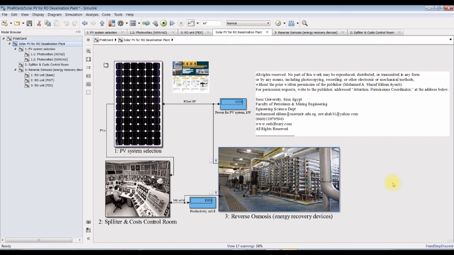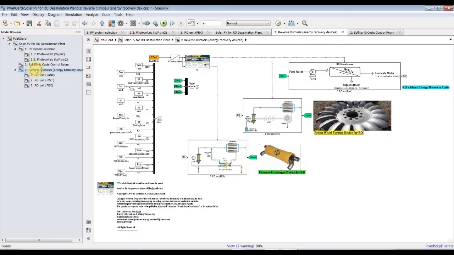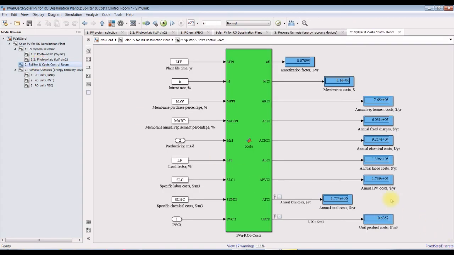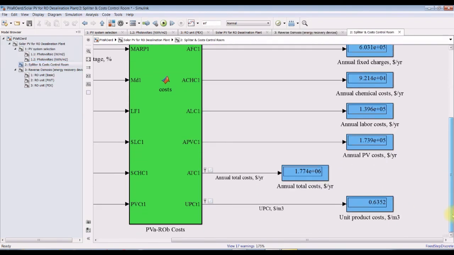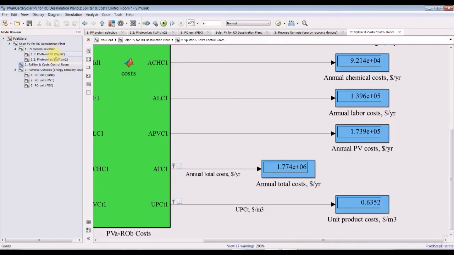What is the future if I am going to desalinate about 1,500 cubic meters per day, and so on? We have to watch this parameter. Okay, let's see the effect of this parameter. It's quite interesting.